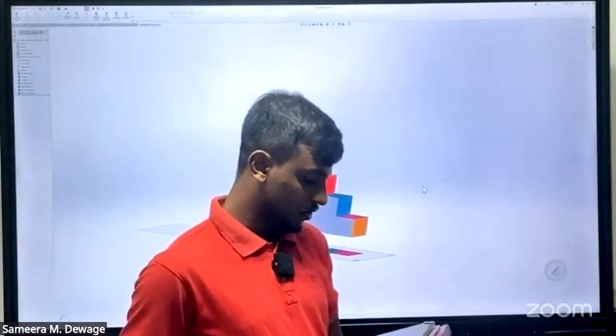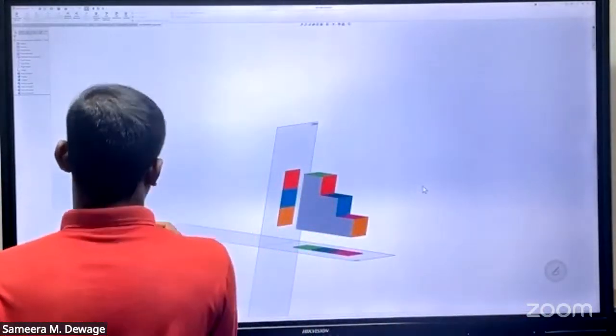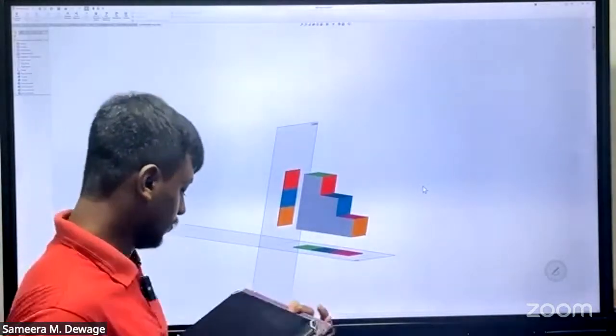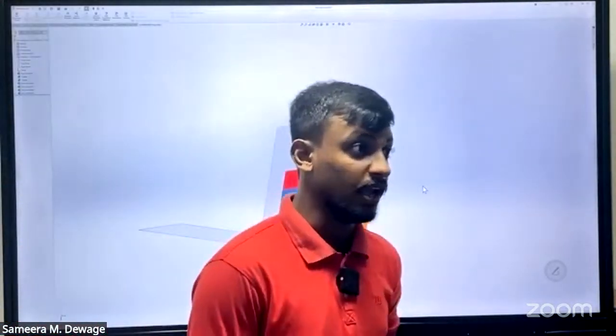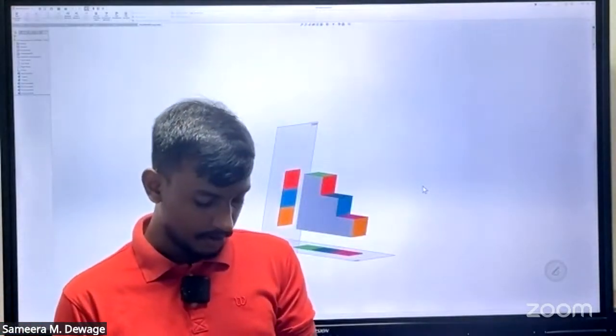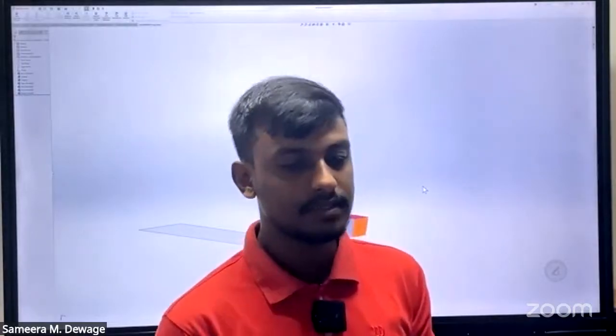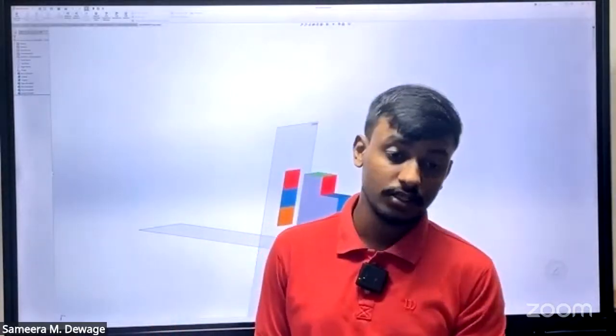The top view is placed below the front view.